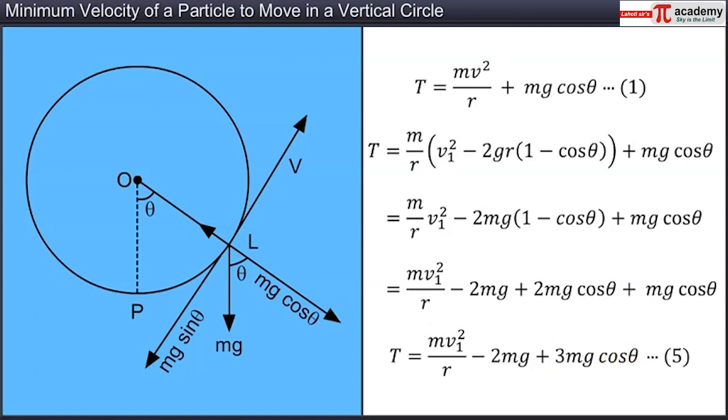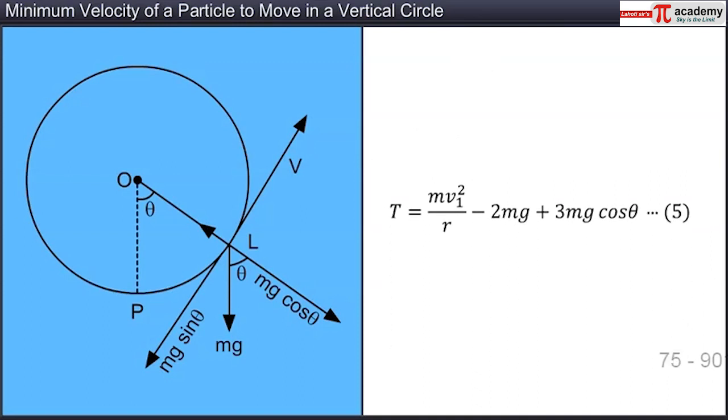Let this be equation 5. From this equation, we can understand that tension in the string T is a function of theta. Using this equation, we can find the details of the particle at different positions along the circular path.